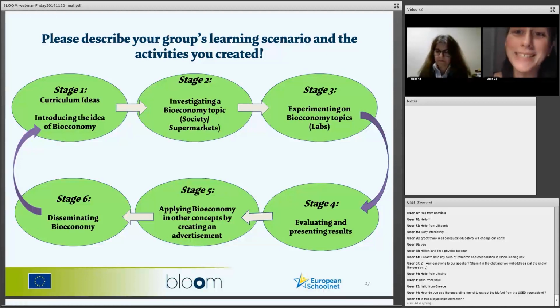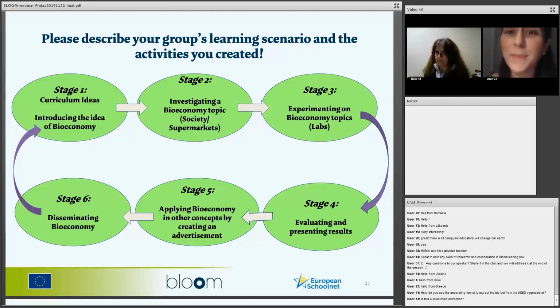So we implemented it in our lyceum, which means 15 to 16-year-old students, in chemistry lesson basically, although it is relevant to biology and physics as well, because it uses terms of them as well.